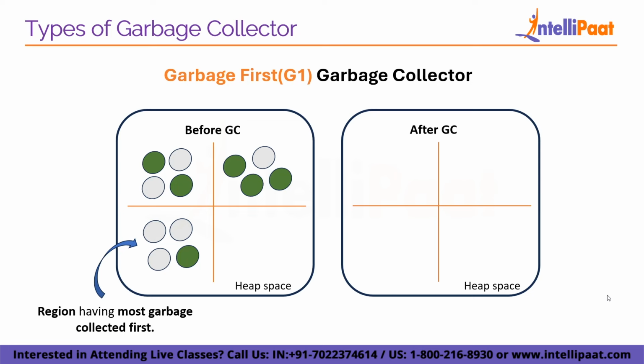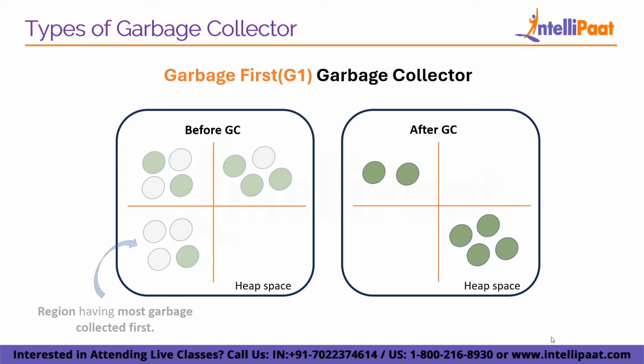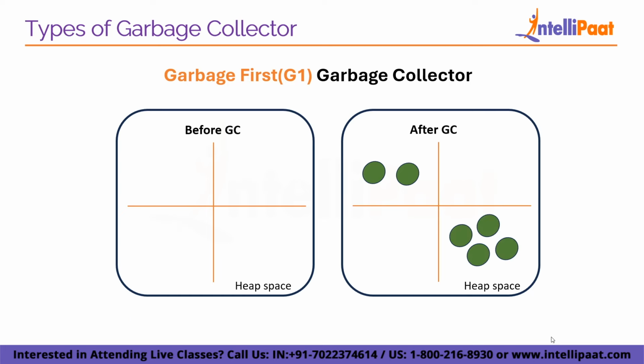So the eden, survivor and the old areas use these equal sized regions for the memory allocation of the objects. After this, the G1 garbage collector runs a concurrent global marking phase to determine the live and the dead objects throughout the heap. After the completion of the mark phase, G1 collects the information of regions that contain the most garbage objects. Here we can see that this region has the most garbage objects. So after this process, these regions are swept first. So that's where the types of garbage collector end.